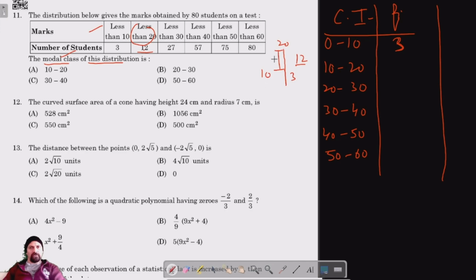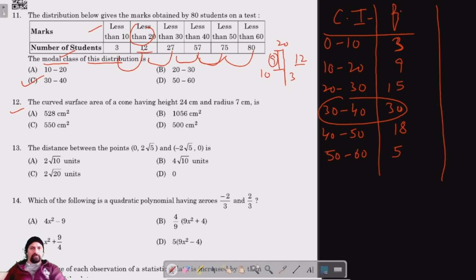So for between 10 and 20, we have 9, so we have to subtract: 12 minus 3 is 9. 27 minus 12 is 15. 57 minus 27 is 30. 75 minus 57 is 18. 80 minus 75 is 5. So the class with the highest frequency is the modal class, and which is 30.